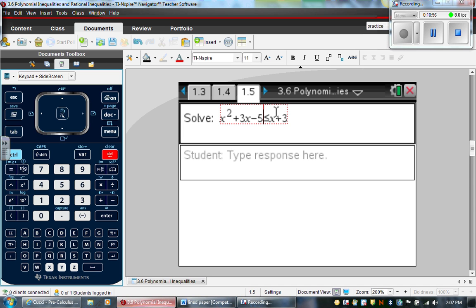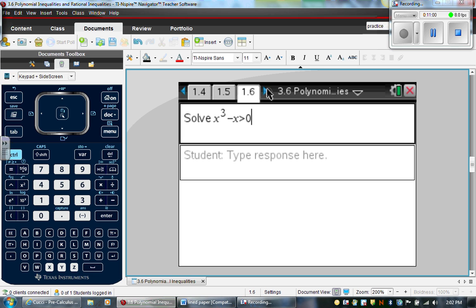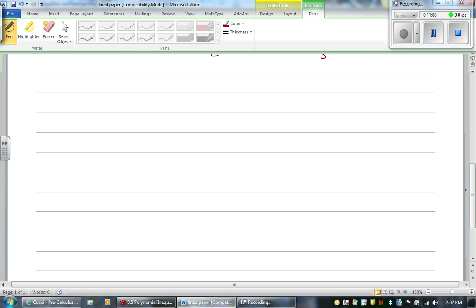Okay, so let's get into something that looks a little bit different. Let's talk about a cubic. So x cubed minus x is greater than 0. So first step, just like the last one, we set it equal to 0. And then we begin to find my zeros.